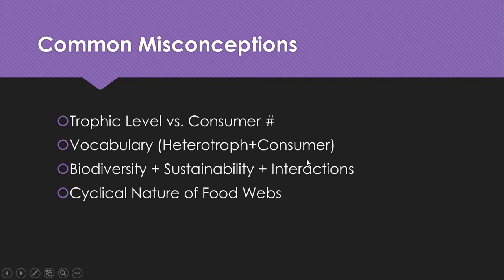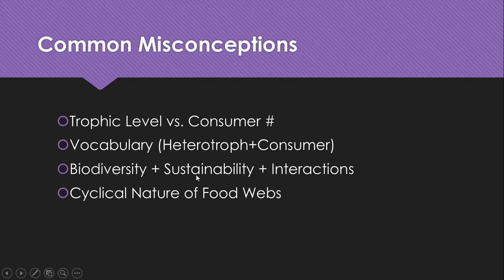Students really struggle with the difference between heterotroph, autotroph, consumer, and producer, and all the different kinds of heterotrophs. They have a general understanding of carnivore, omnivore, decomposer and herbivore. However, they have a hard time when an organism has multiple classifications, like a heterotroph, a consumer, and a carnivore.